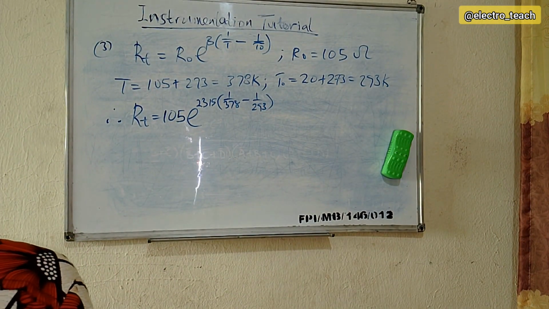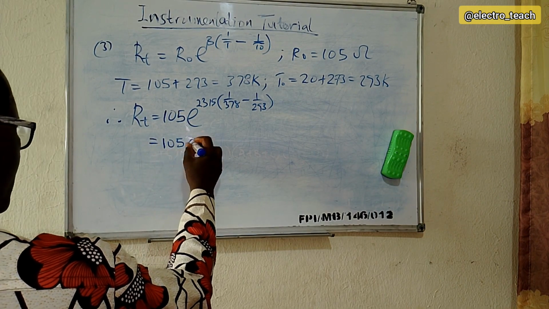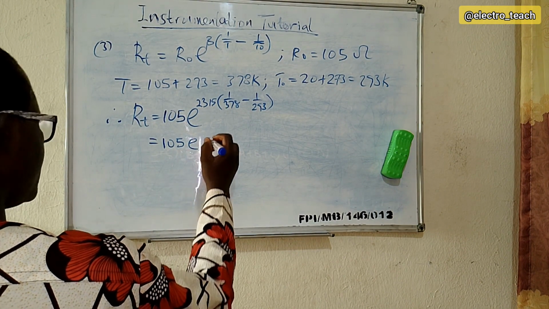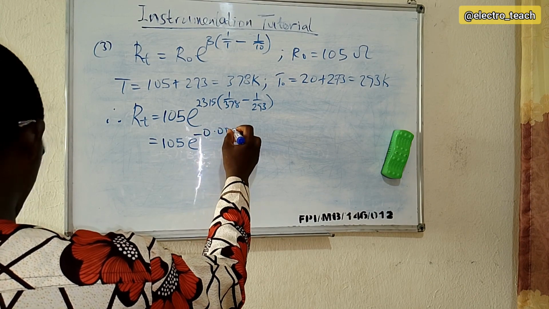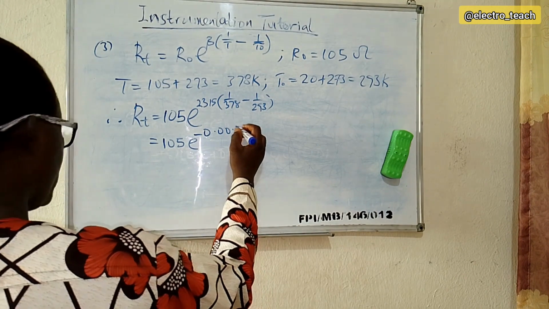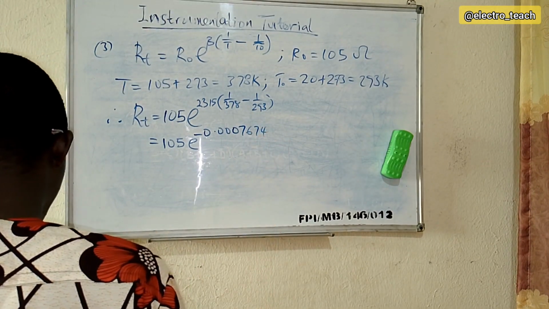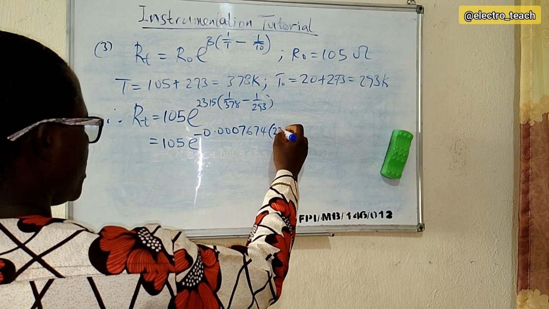And that gives us 105 E raised to the power of minus 0.007674, multiplied by 2315.